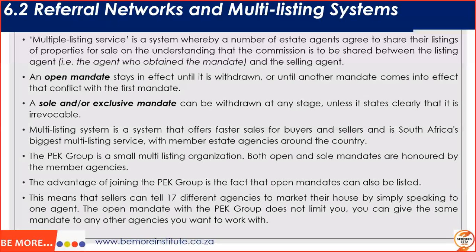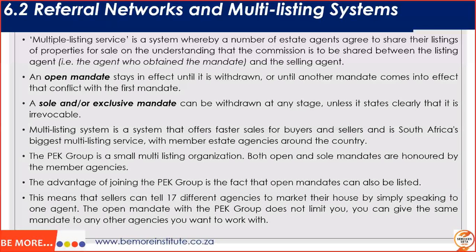Usually what happens is that there will be an agent who gets this particular job, for example, Mumisa is a seller and contacts a particular estate agent. The estate agent can put your property into the multi-listing system, and other agents can have access to it and help you, as the main agent, to sell the property.